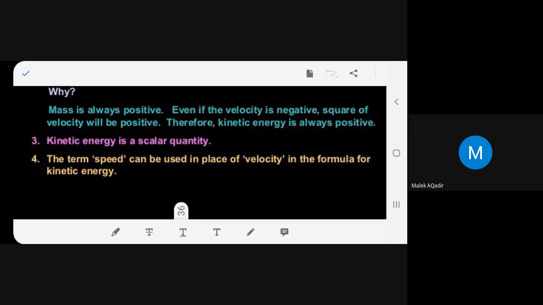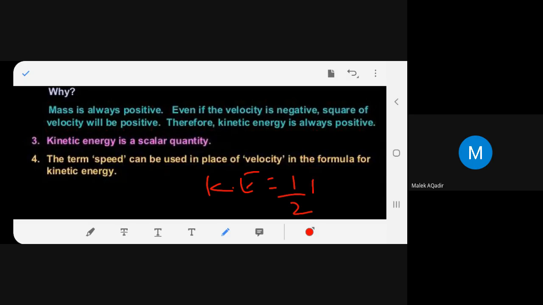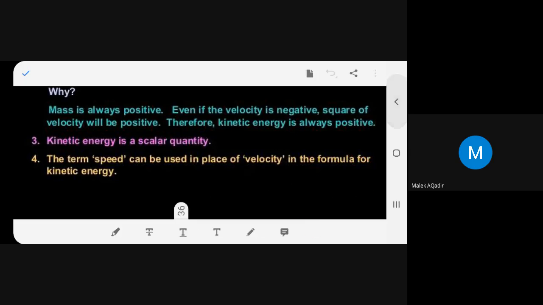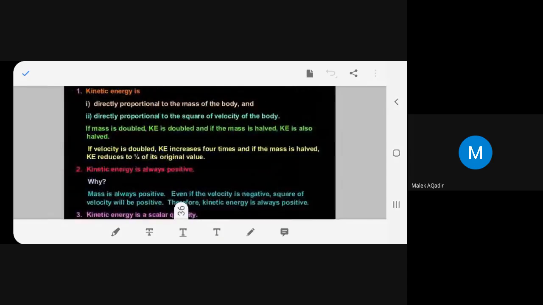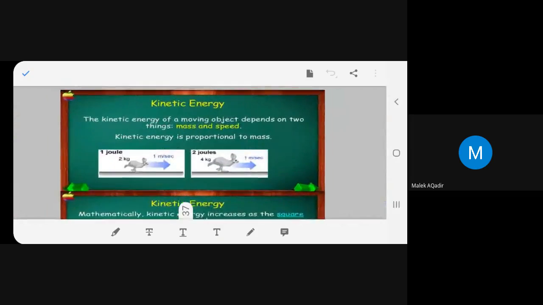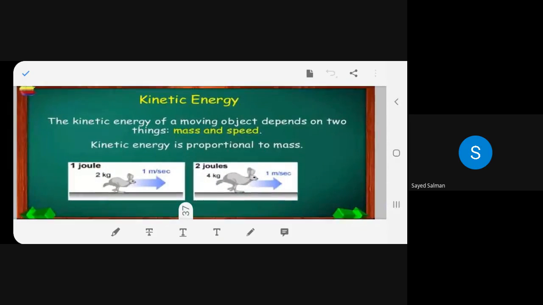So kinetic energy is equal to half mv square, where we talk about velocity, we can take it as speed as well. So if in the question the speed is given, you can put it in the place of v. Do you understand?